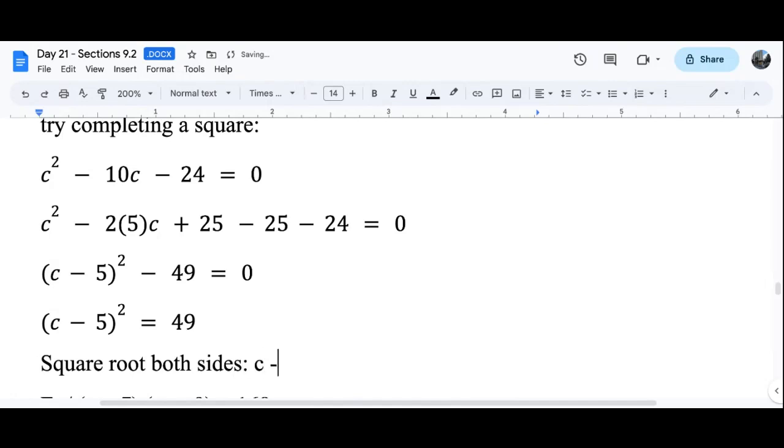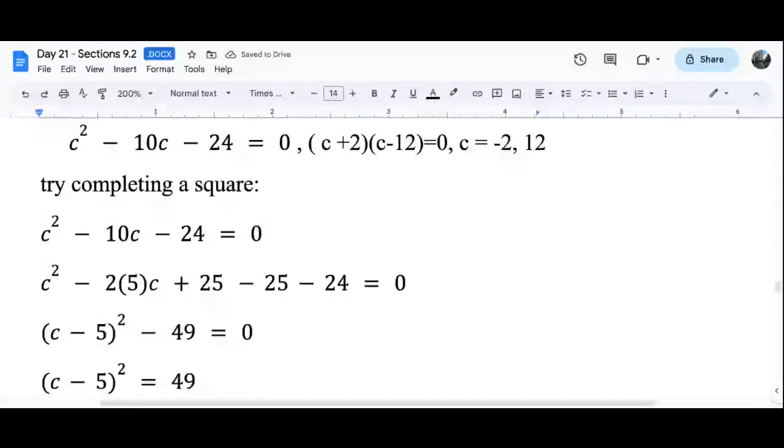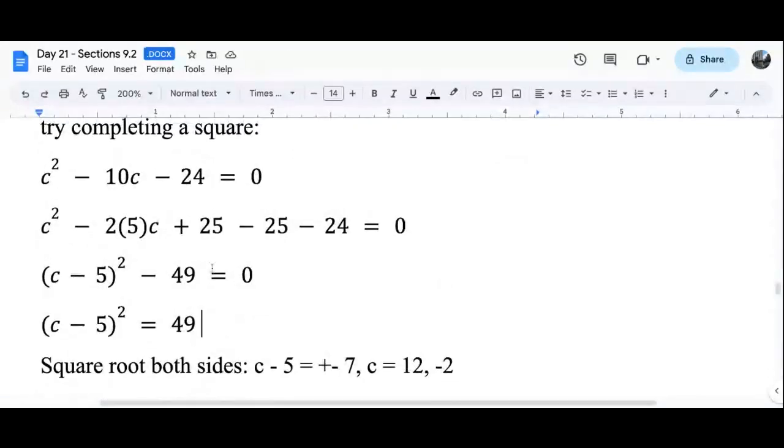When I square root both sides, I get c minus 5 equals plus or minus square root 49, which is 7. Let's solve. I get c equals, if it's positive 7, 7 plus 5, that's 12, or negative 7 plus 5, that's negative 2. So we get two solutions, negative 2 and 12. But this is called the process of completing squares.